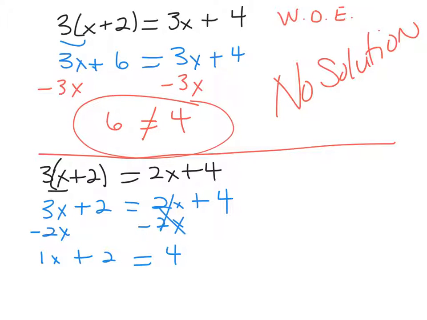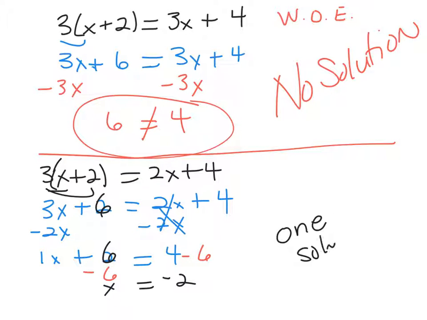Alright, sorry, I made a mistake here worrying about my dog. This should have been 6. Forgot to distribute that. So that would be 6 right there. And now we can subtract 6 from both sides. And we end up with x equals negative 2. And this answer has one solution.